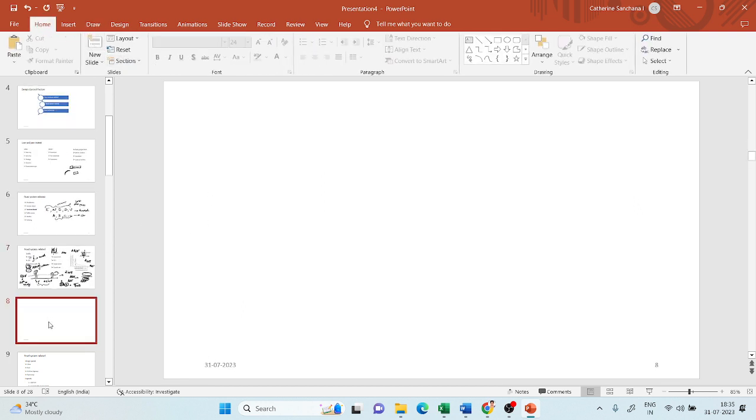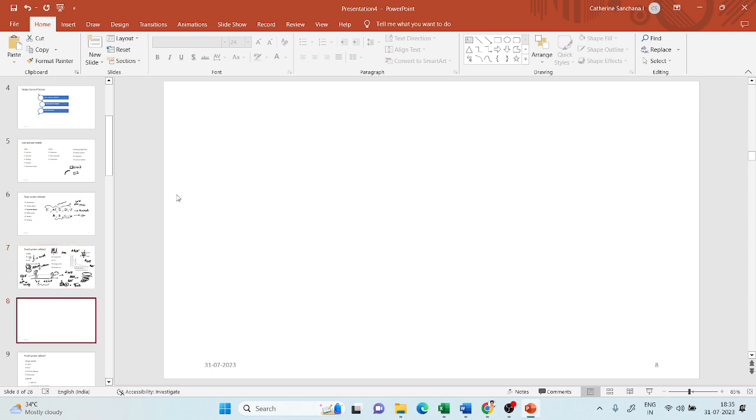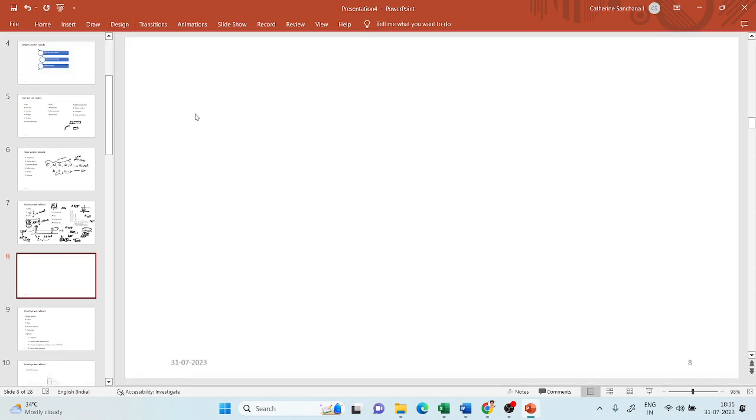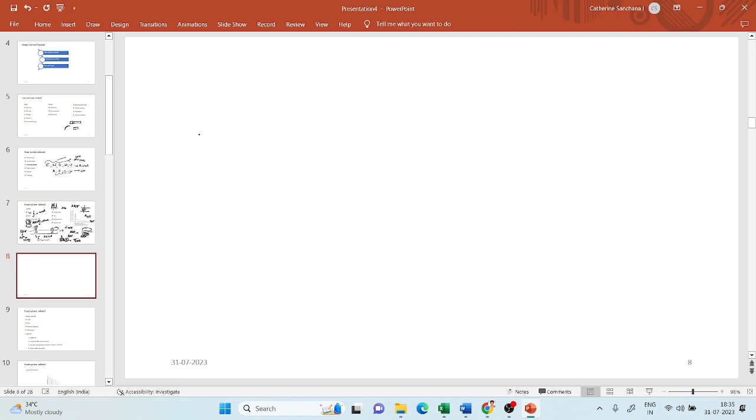So let us move on to a new slide. What they do is, for 365 days, all throughout the year, they find out the hourly volume for each hour, the volume count, and they arrange it in descending order.